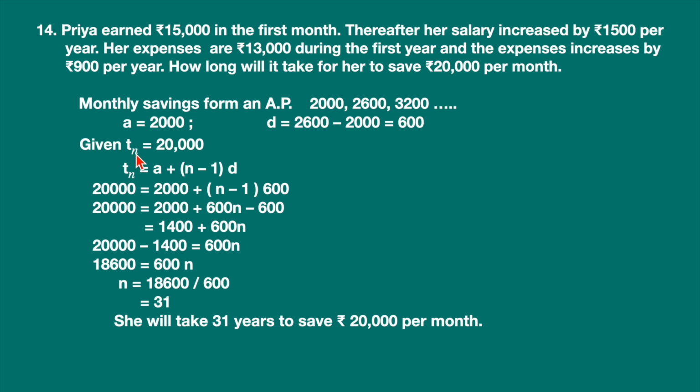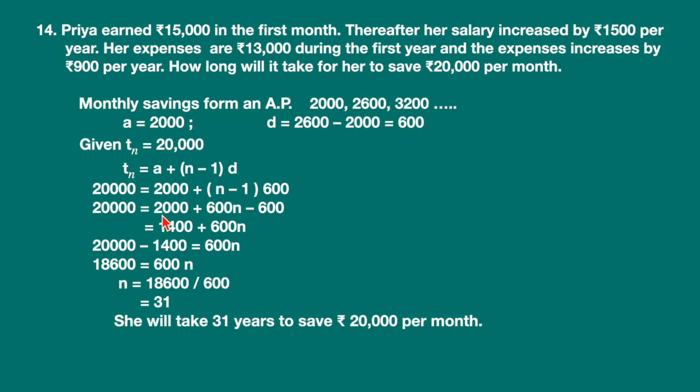They are asking after how many years. This n is years. Okay, so let's write down Tn is equal to A plus n minus 1 D. So Tn we know is 20,000, A is 2,000, n we do not know, leave it as it is, n minus 1, D is 600. Open the bracket, this will become 600n minus 600.